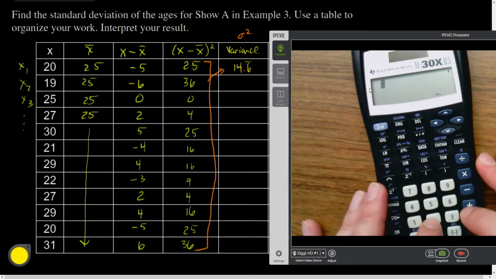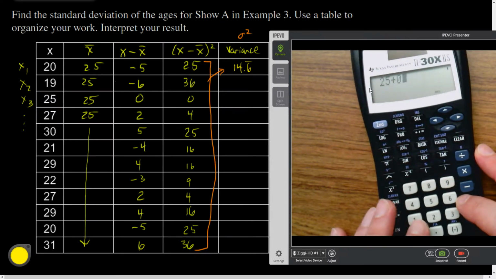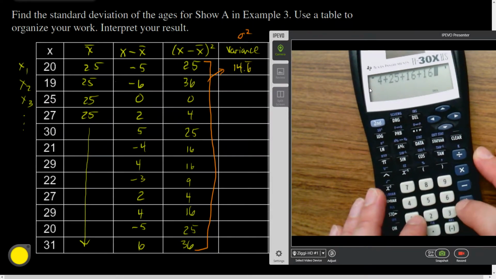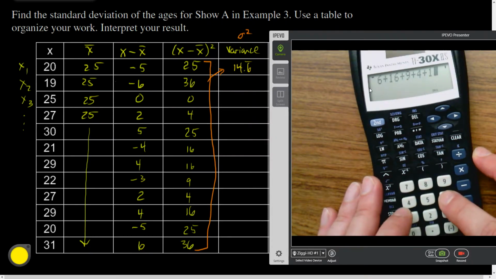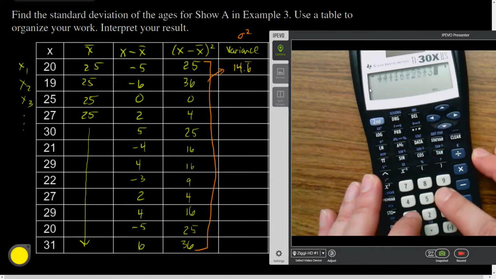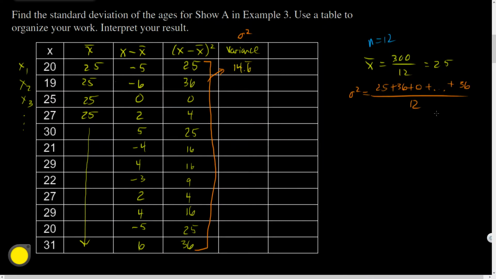Let's see. 25 plus, well, actually, would it be 14.6? Oh, 15 would be way too much of a roundup. So I get 176. I'm just showing a little bit of my work so that you guys can follow along.